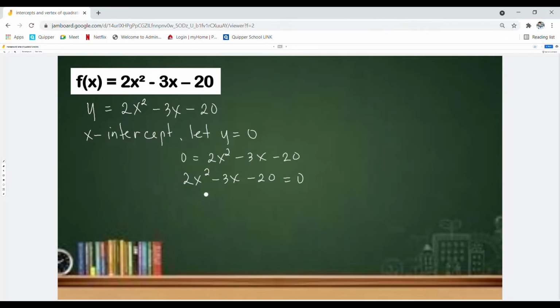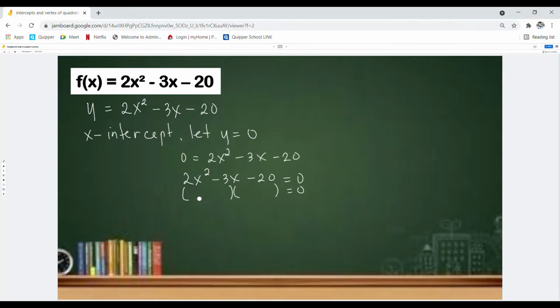Now since it's a quadratic equation, we can solve this by factoring. By doing so, you actually can have your roots or zeros, and take note, the roots or zeros of a quadratic equation or function is the same as x-intercepts.